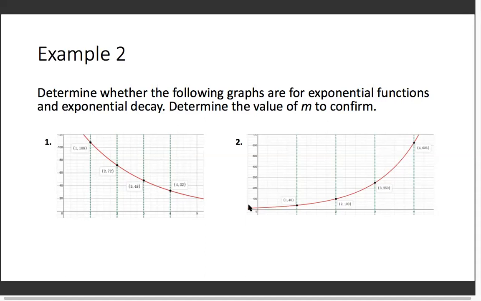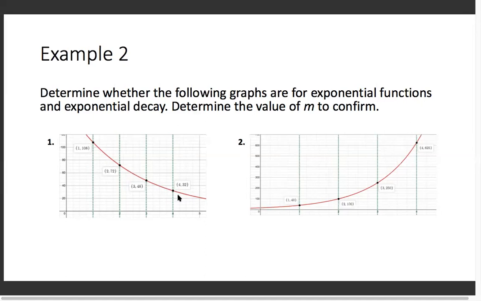All right. So it's either this one or like the one in number 2, which is like this. Okay. So notice number 1 starts from here and it goes all the way down here. And for number 2, it starts actually down here and it goes all the way up there.